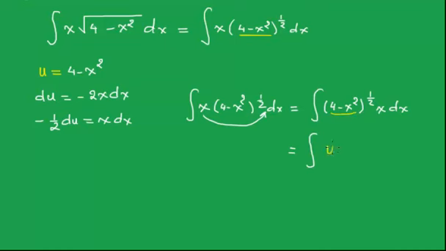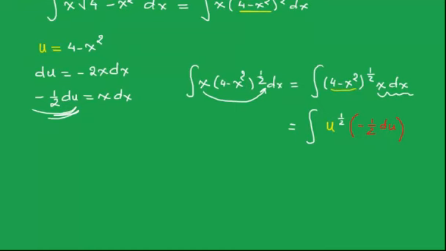So we have u to which power? To the power of 1/2. And then x dx is negative 1/2 du. Remember, it's times, so I'm going to write the parentheses times negative 1/2 du. It's a good habit to write parentheses when you have a negative sign next to du.